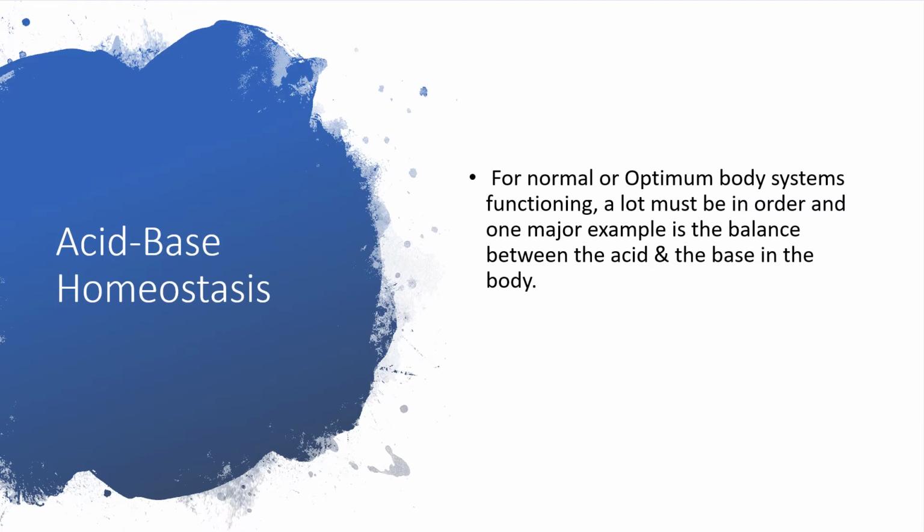We need to maintain homeostasis. For normal or optimum body systems functioning, a lot must be in order, and one of the major examples is the balance between the acid and the base in the body.